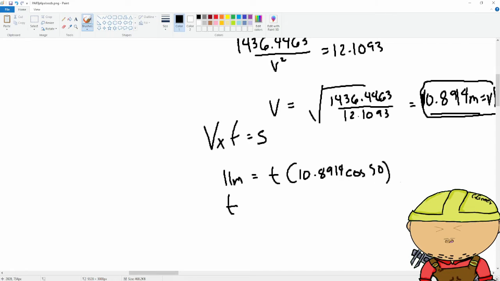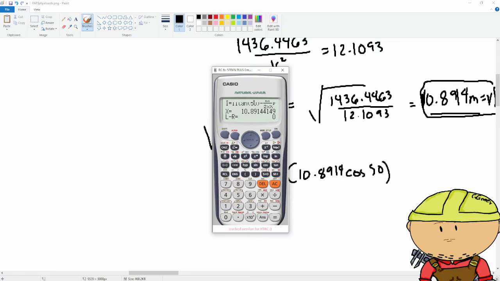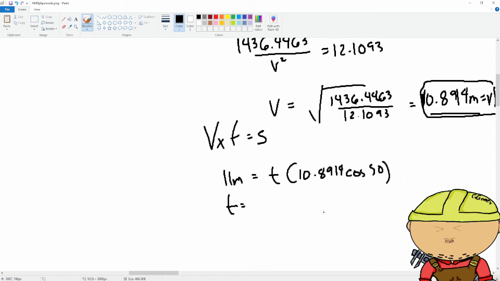The time of flight is 11 divided by 10.8914 cosine 50, which is 1.5712 seconds. That's the time of flight.